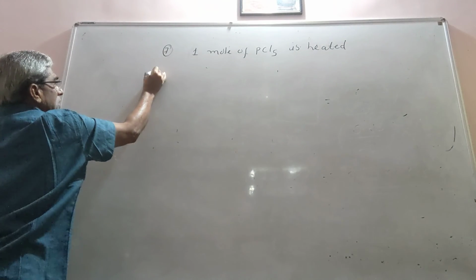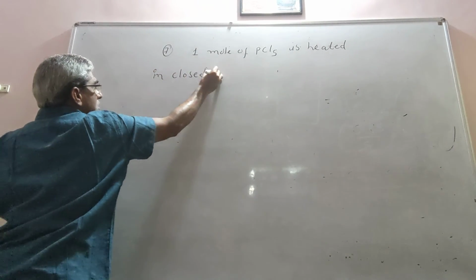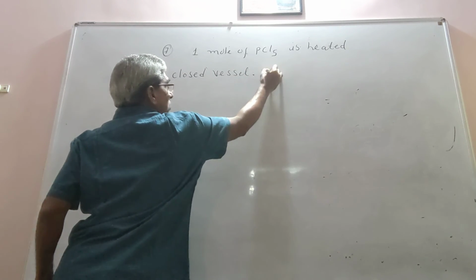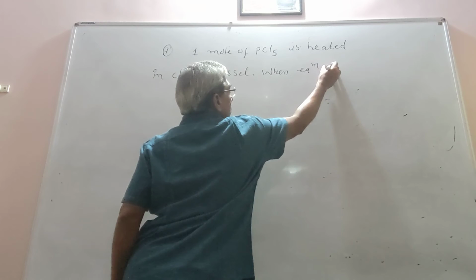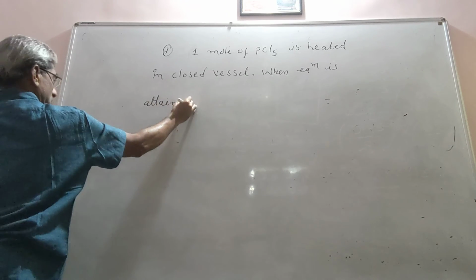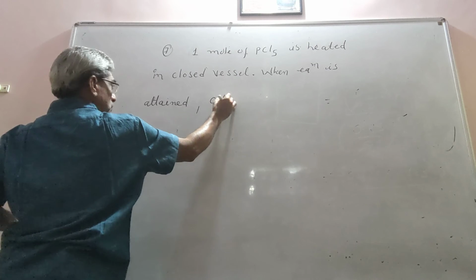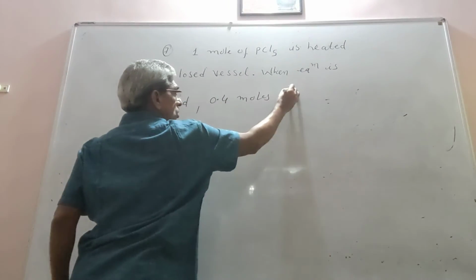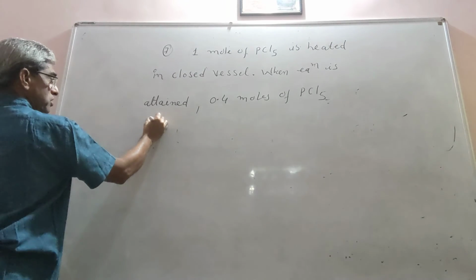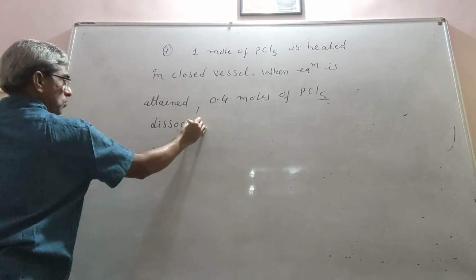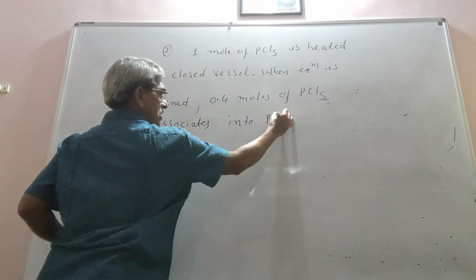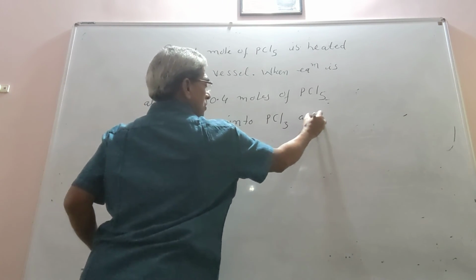When equilibrium is attained, 0.4 moles of PCl5 dissociates into PCl3 and Cl2.